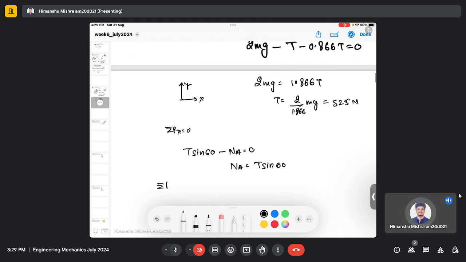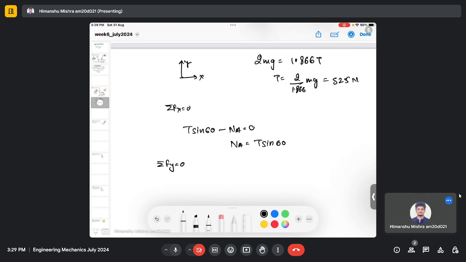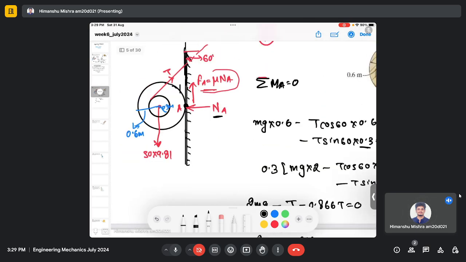And if you do the force balance in the vertical direction, or the y direction, and equate it to 0, you have to consider this friction force, the component of this T, and the weight.